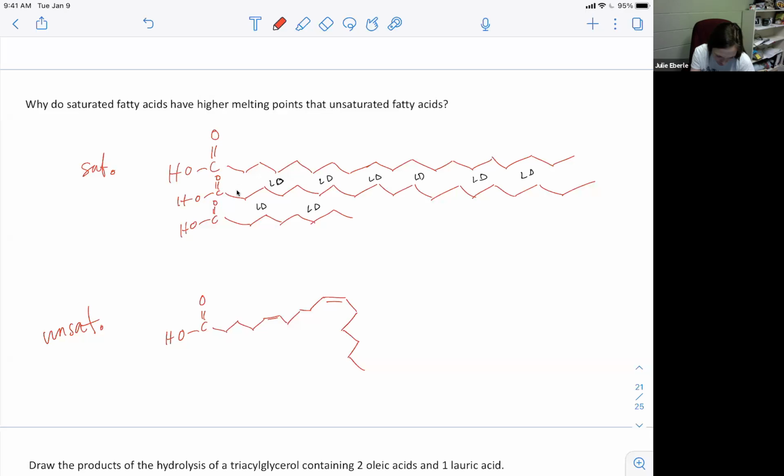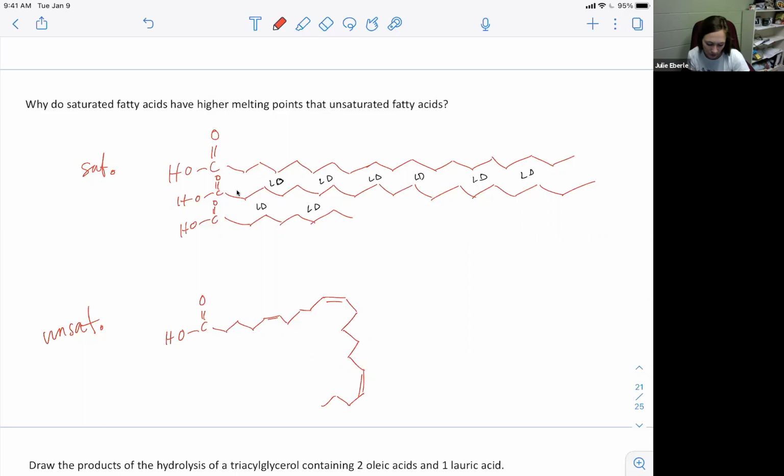Well, they should all be cis, right, at the end of the day. So they can start to curve around and be kinked. And you can't line them up with each other.